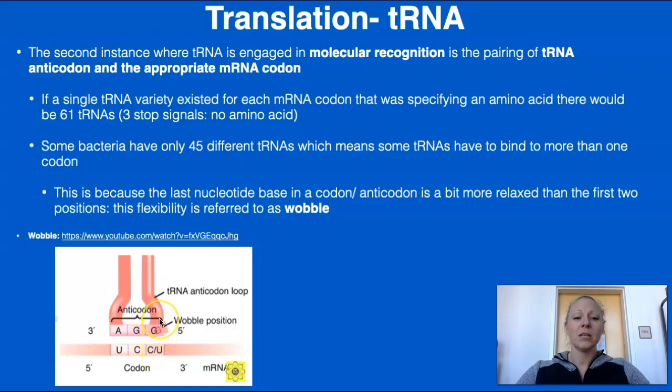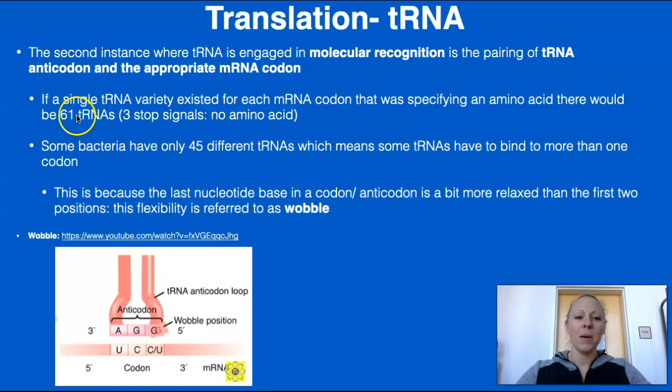If there was a 1-to-1 ratio, if a single tRNA existed for each mRNA codon, then there would be about 61 tRNAs. We would say that there'd be more, but there are no amino acids for stop signals.